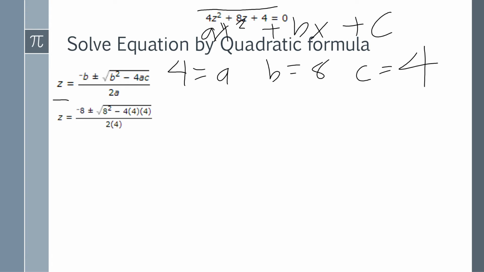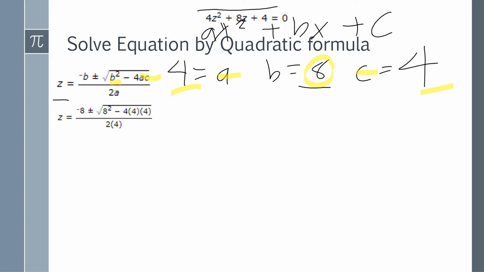So that's what I want you to do. So they took the opposite of b, which was positive 8, which became negative 8 because it became the opposite. And then for every letter you see, AC, you see A and C, so 4 and 4. And then b being 8. And that's just that.